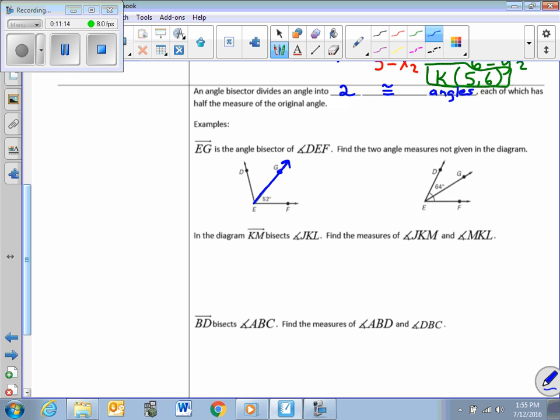Find the two measures that are not given. Well, based on the definition of an angle bisector, I know that this angle here, angle DEG, has to also be 52 degrees. How do I know? Because they told me EG is the angle bisector.